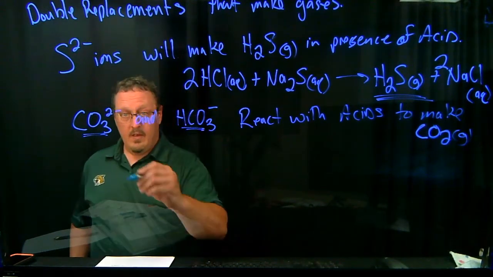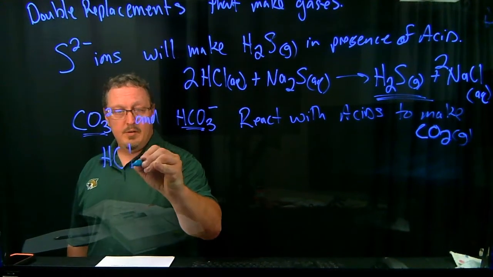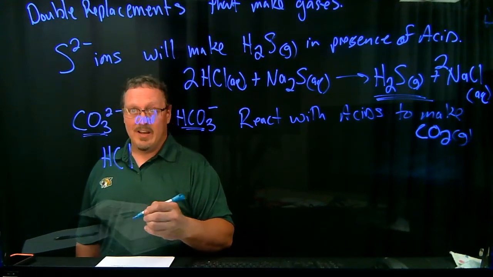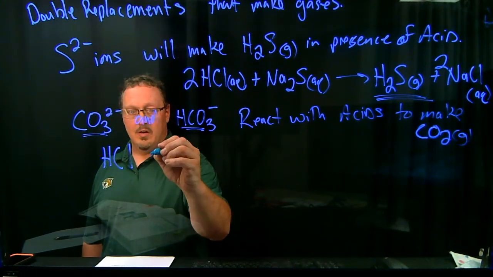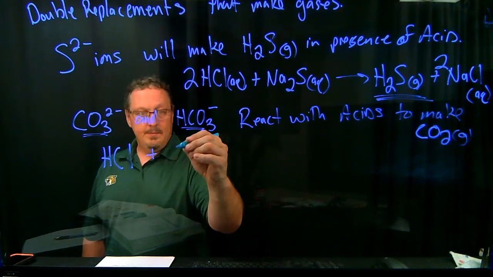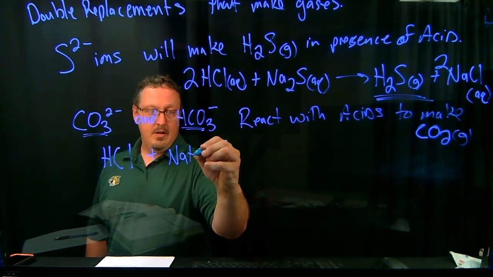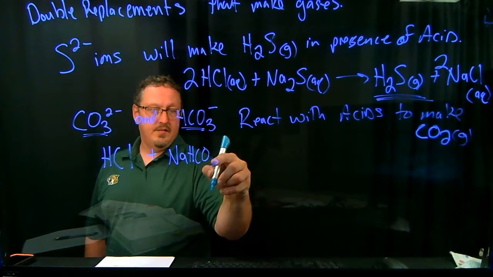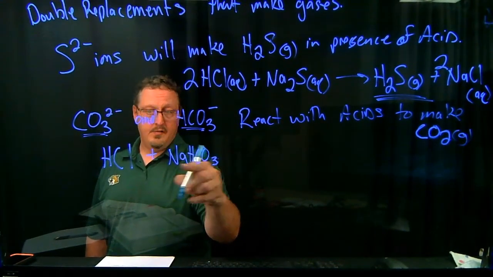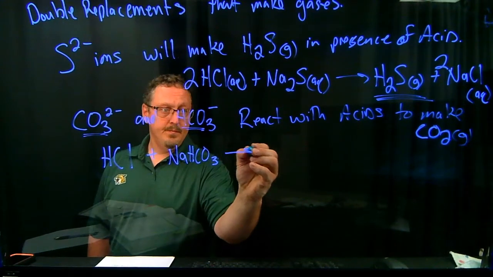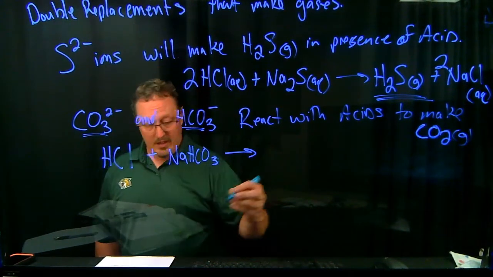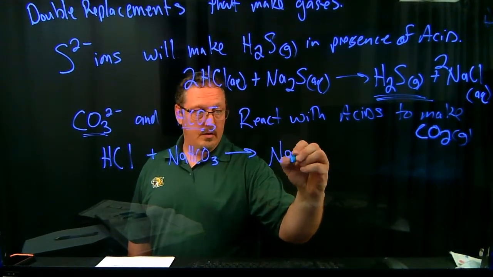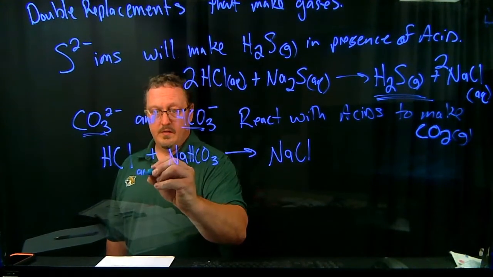Okay, so this is a little bit more complicated though, so we got to kind of do 2 reactions instead of just one. So hydrochloric acid plus sodium bicarbonate, NaHCO3. So this is baking soda and hydrochloric acid. So in this case, we're going to make NaCl.